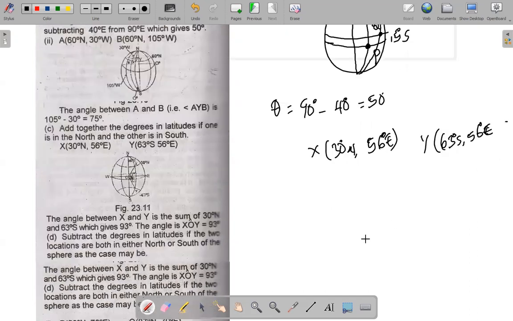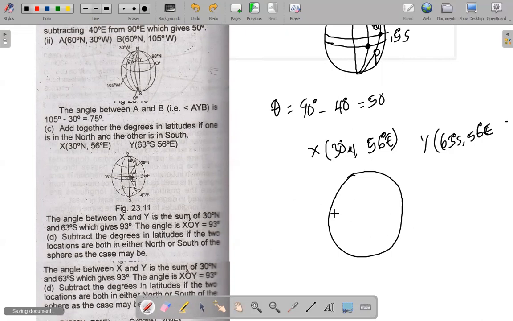So let's draw a sphere and then put those latitude and longitude. This is the latitude, the reference. So draw, this is my latitude at the middle.